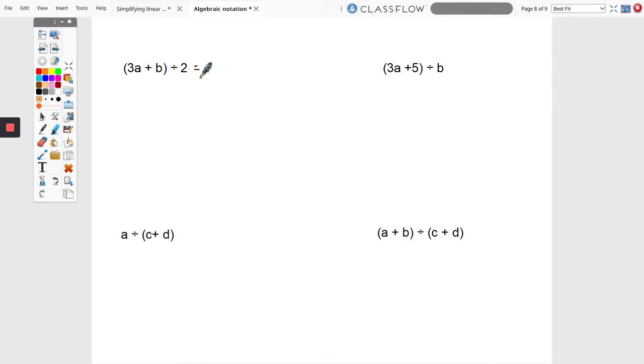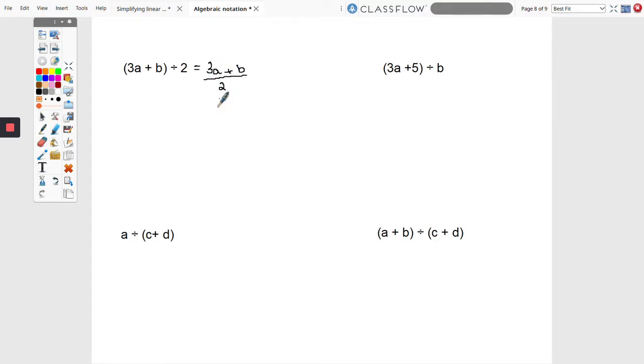However, in algebra, I can follow the same rules that I followed for those simpler divisions that we wrote in algebraic notation on the previous slide. So my 3A plus B comes before my division. So I will put 3A plus B as my numerator. And then I can put that all over 2 because 2 comes after the division.